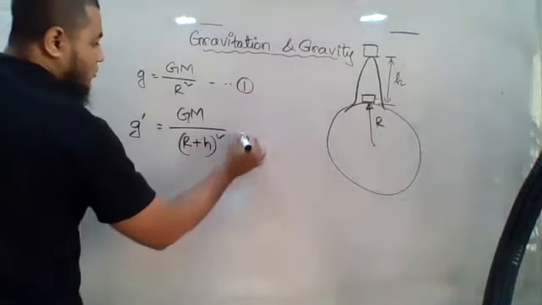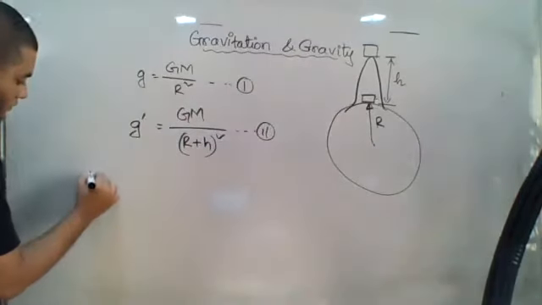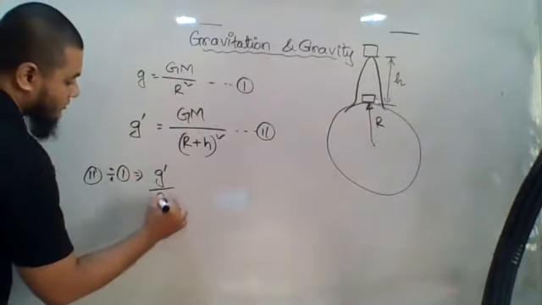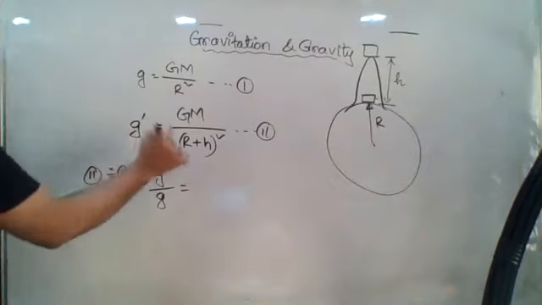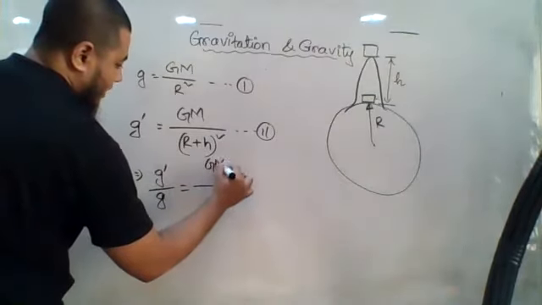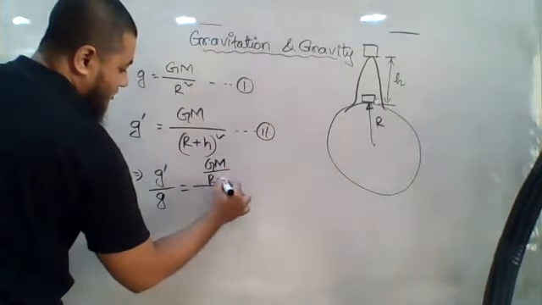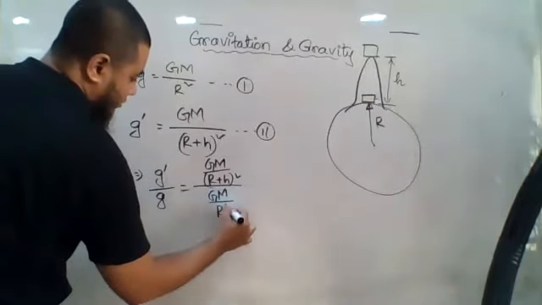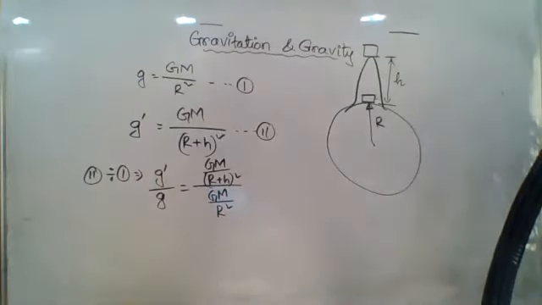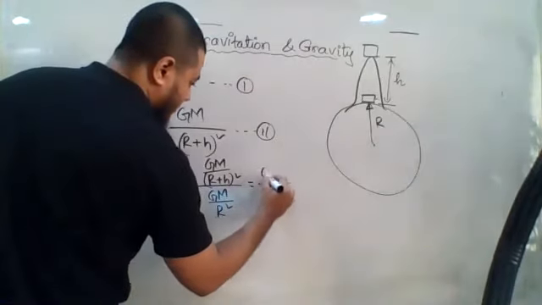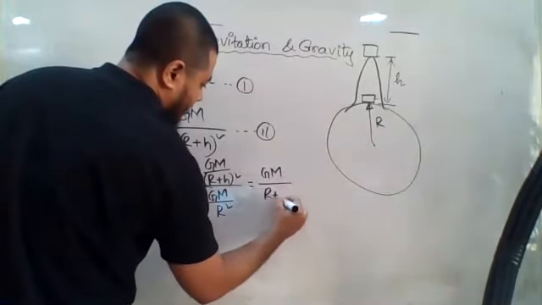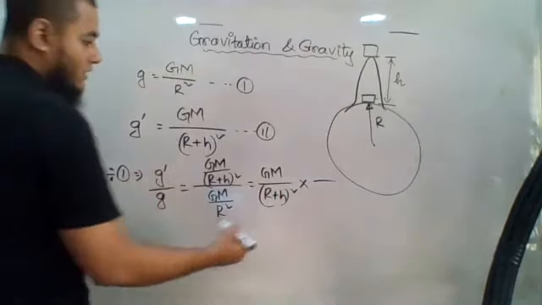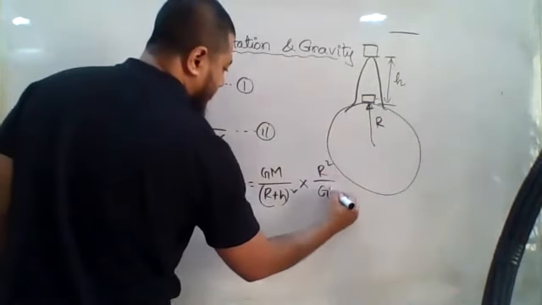Let us consider this one is equation 1, this one is equation 2. So equation 2 divided by equation 1 will give us g prime divided by g. g prime is GM by (R plus h) whole square, and here it will be GM by R square, right? If we put the values, GM by (R plus h) whole square into the bottom fraction inverted, so it will be R square divided by GM.